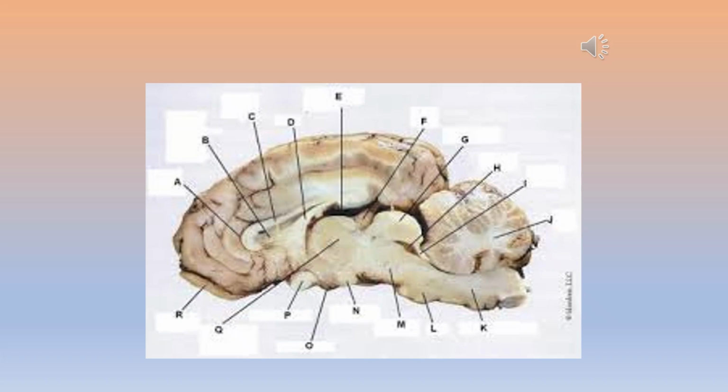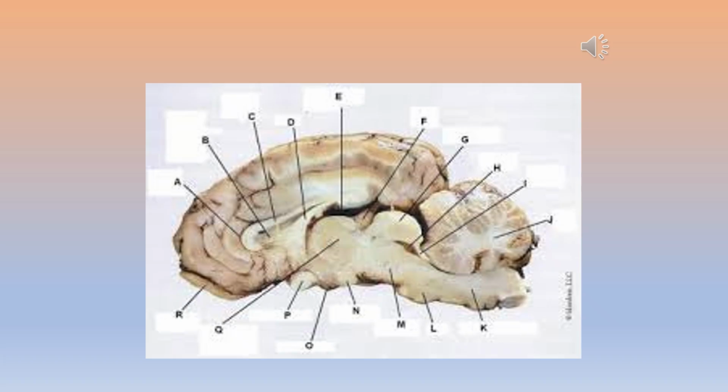Letter H, that is the cerebral aqueduct. Cerebrospinal fluid has to drain from the third ventricle to go down to the fourth ventricle, and that connection between the two is the cerebral aqueduct, which is being pointed to by letter H. I, that is the inferior colliculus of the tectum of the midbrain.